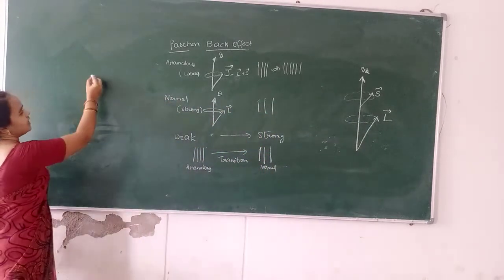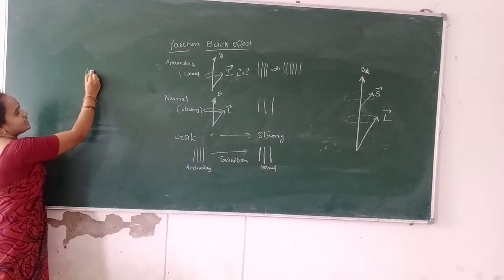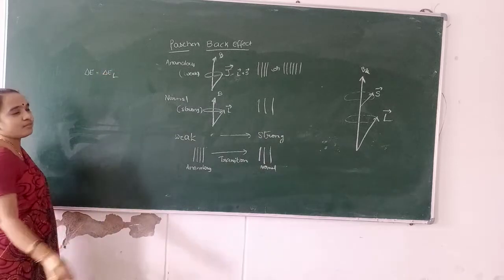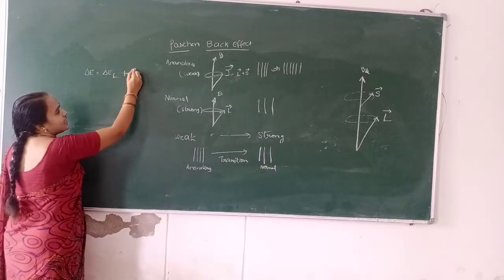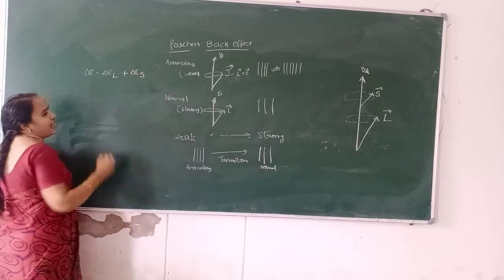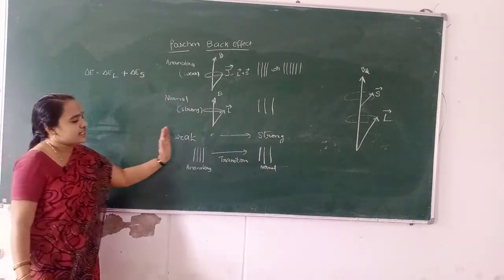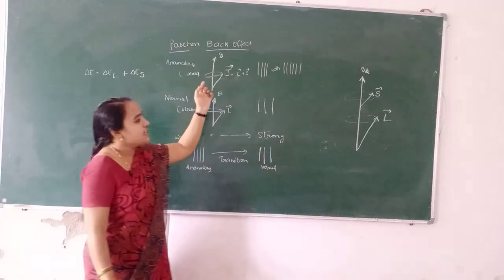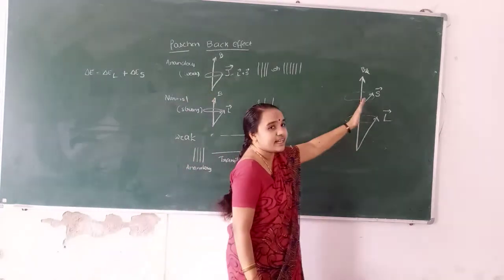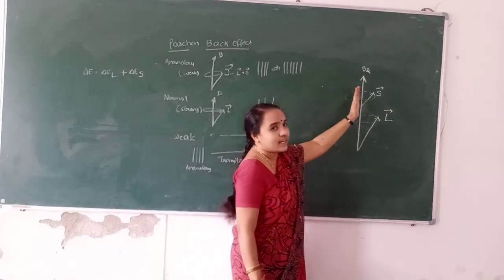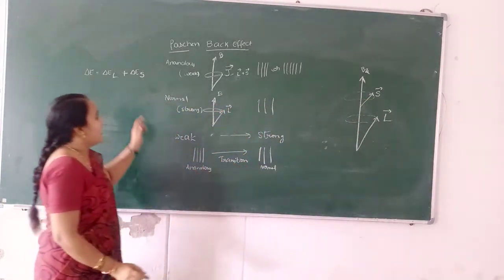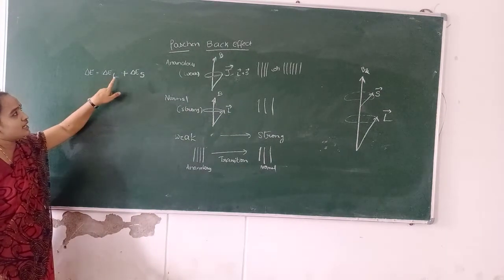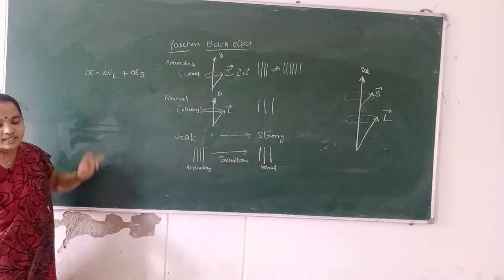Hence the interaction energy delta E is the sum of the interaction energy due to orbital angular momentum plus the interaction energy due to spin angular momentum. Since the coupling between L bar and S bar breaks up, L bar and S bar individually revolve around the external magnetic field.